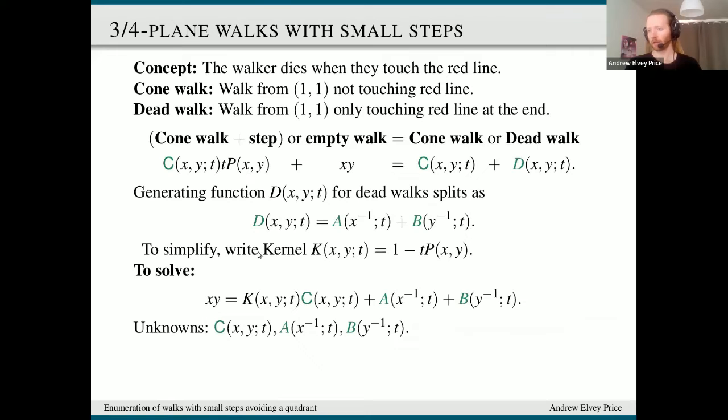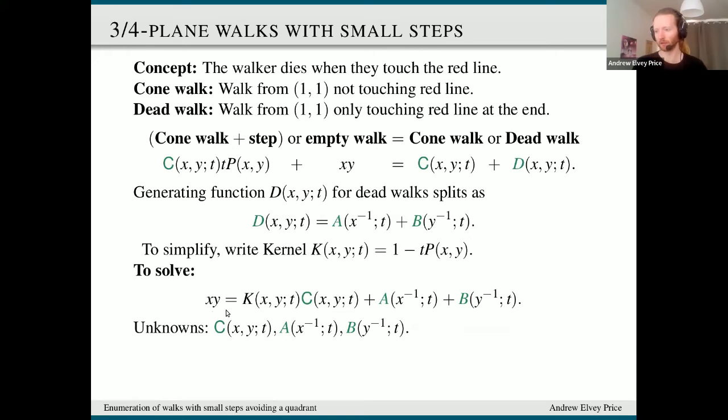Okay, so now we can simplify this equation a bit by writing the kernel, which will allow us to collect all of the terms involving C. So taking this equation, collecting the terms involving C, and then splitting D as A plus B, we get this equation.